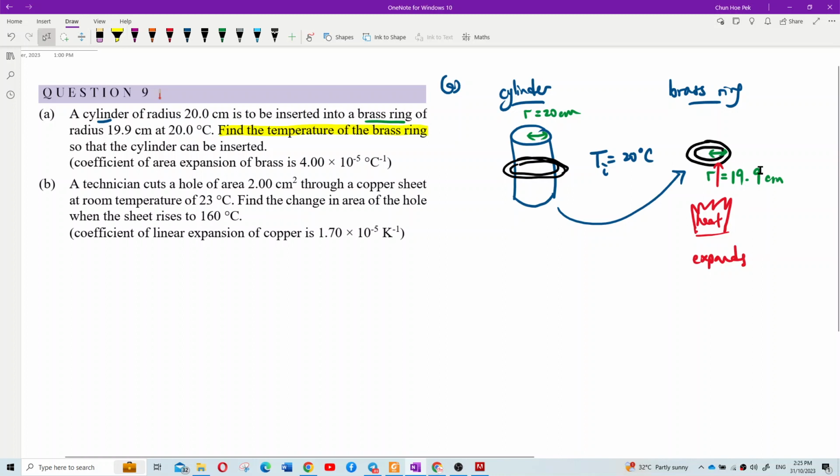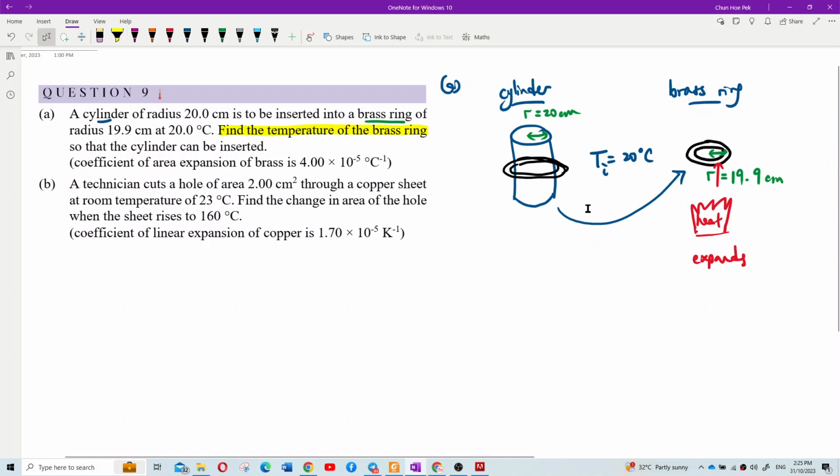All right. Okay, good. So you heat up the brass ring, and now he asks you to find the temperature of the brass ring. At what temperature, until what temperature, do you heat it, when the radius of the brass ring increases until it can fit the cylinder?